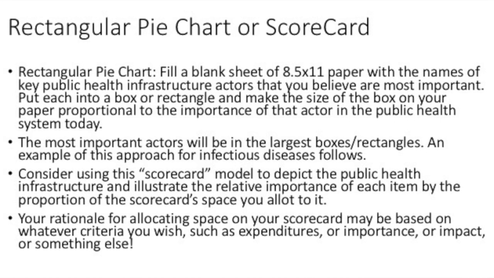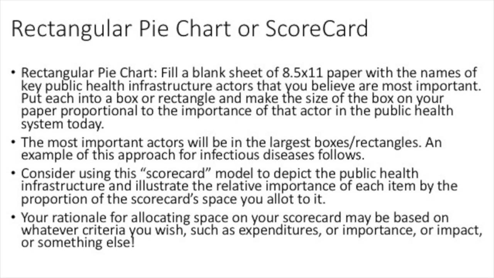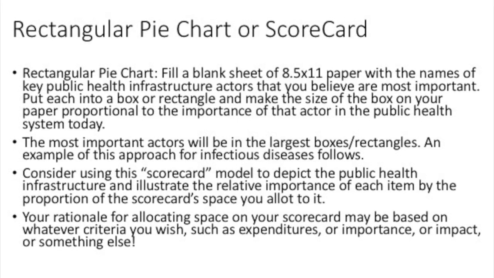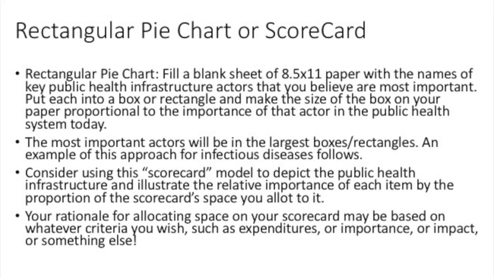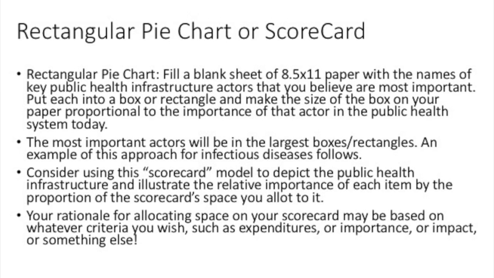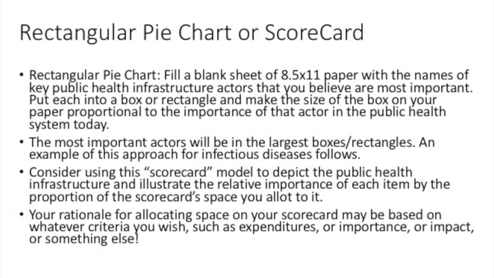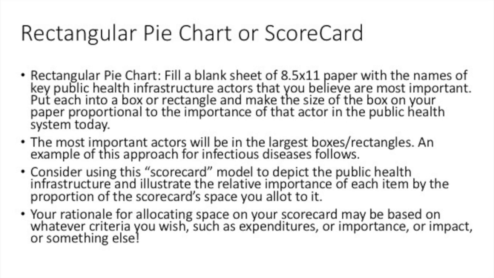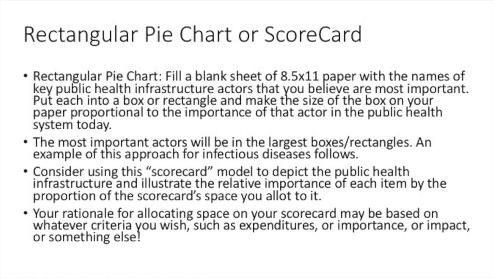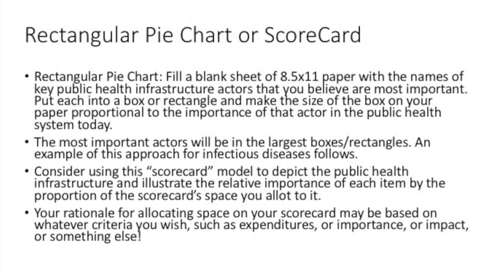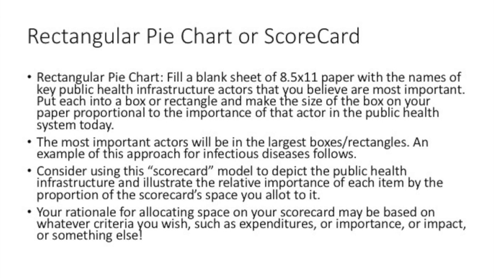Another way to graphically draw your infrastructure map is using a rectangular pie chart or a scorecard. A rectangular pie chart is an opportunity for you to see all the important elements all at once, whereas in the infrastructure map, what we just showed, you saw branches, circles, and squares to indicate different players. To draw a rectangular pie chart, you would fill a blank sheet of paper with names of key public health infrastructure actors that you believe are most important.